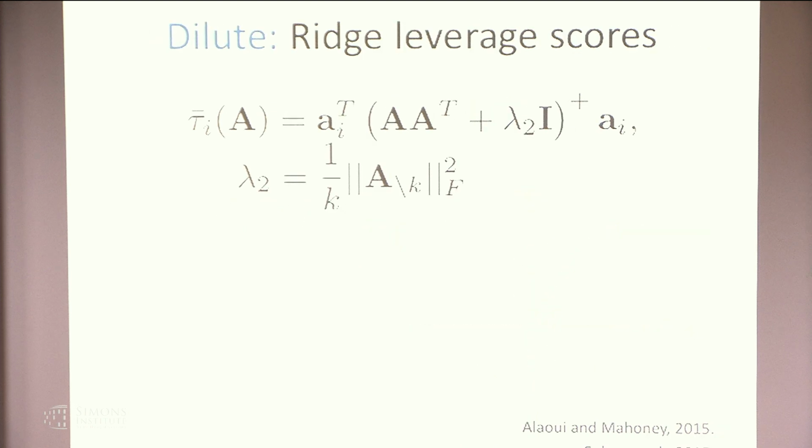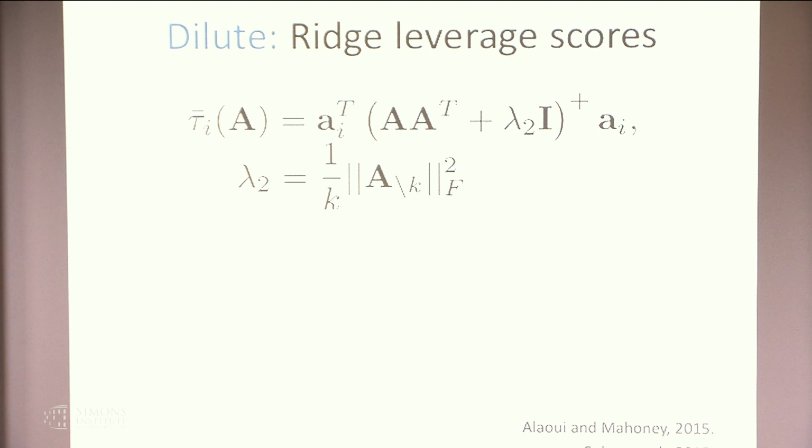And so that leads to the second approach, which is that instead of omitting these directions entirely, we are going to just dilute them. We have our AA transpose in our pseudo-inverse, and we're going to regularize it by adding a piece that's proportional to the identity so that this matrix now becomes full rank.